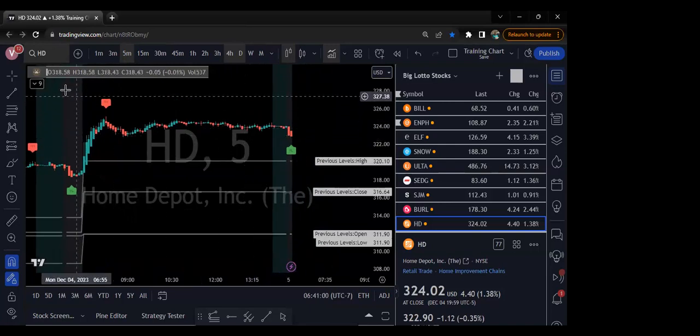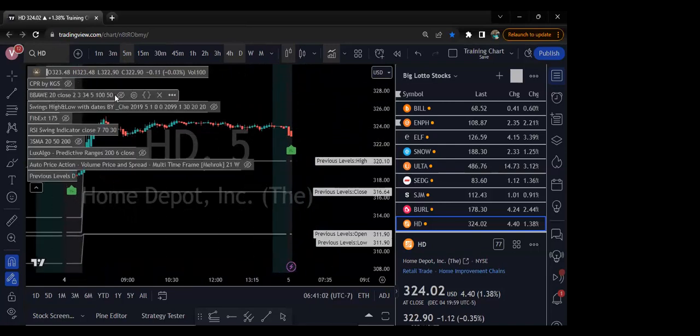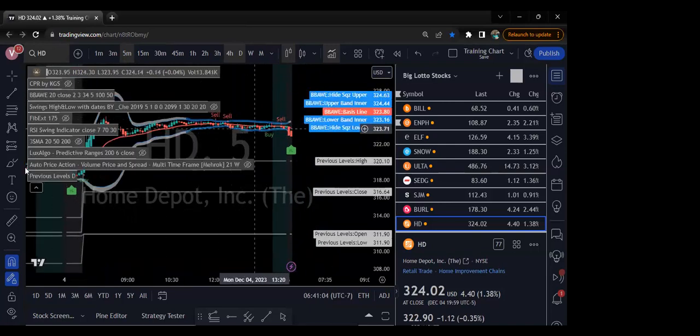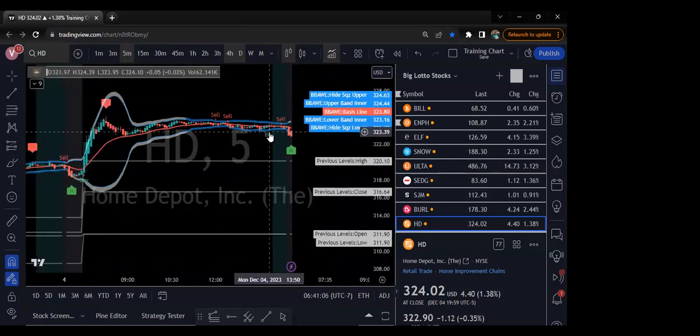So this one is consolidating, consolidated the whole day. You see it squeezing? So look at HD today. If you're not seeing any move back to the previous day high as a pullback, this means this stock might want to continue up. So this is an indication of a continuation or a reversal.